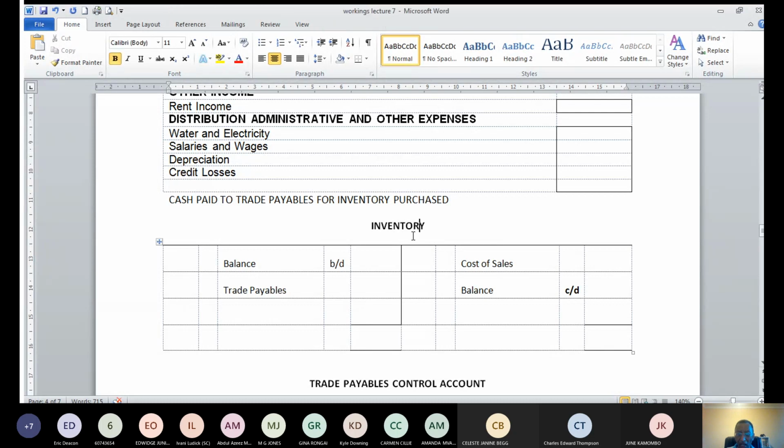So if you construct your inventory account, you say the opening balance of inventory, which is the value of inventory at the beginning of the year, according to the information, is the amount of 31,600 Rand. The closing balance of inventory was an amount of 43,500.